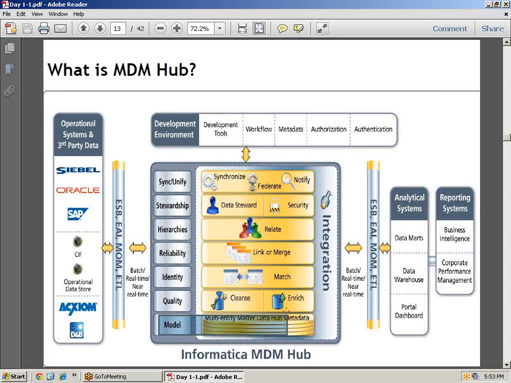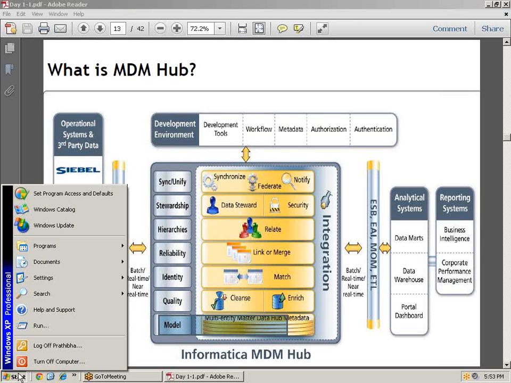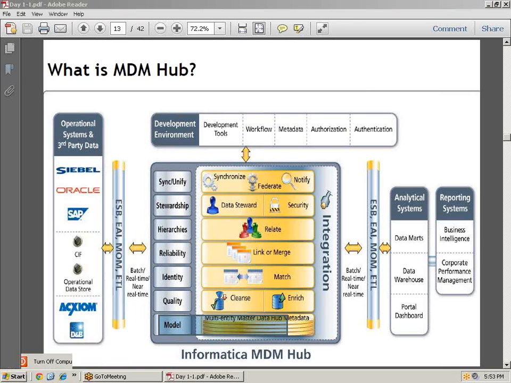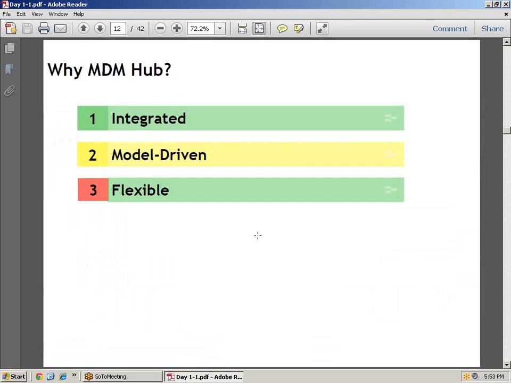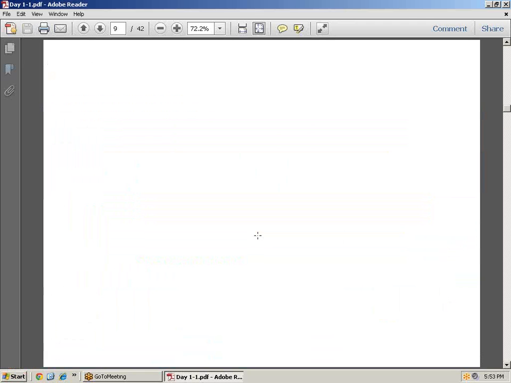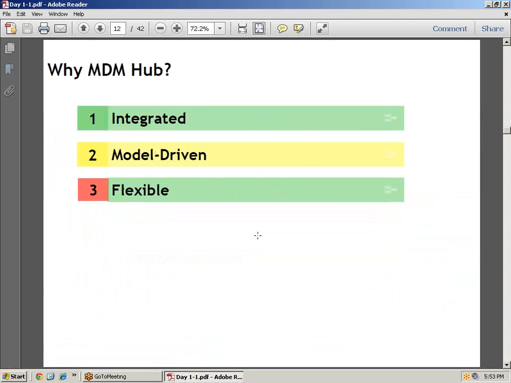To answer that, let us log on to the hub console client and start building a data model. I'm trying to cut down theory, so we'll get into why we need all of them as we go. I'll talk about them.